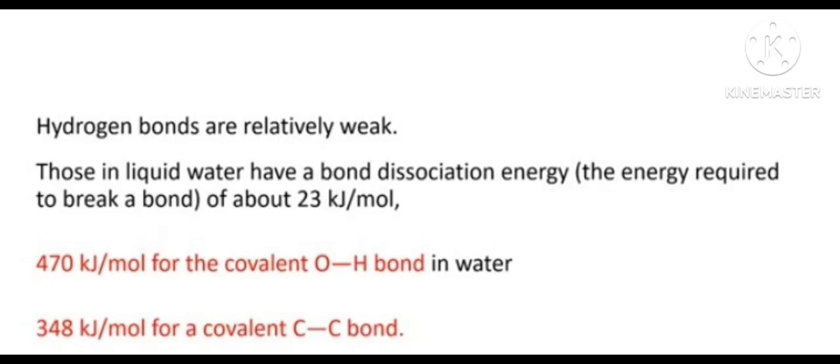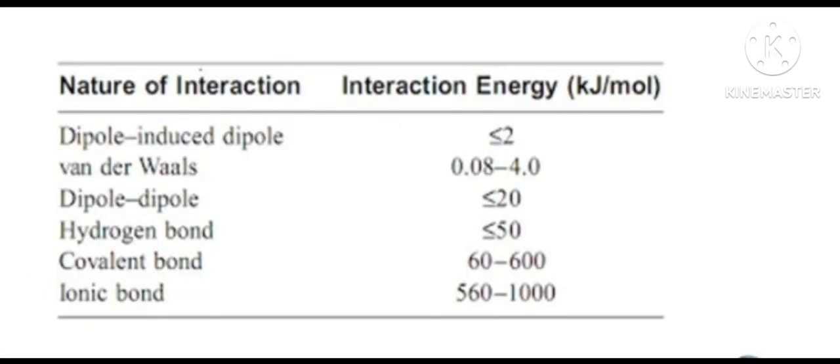Now next slide: nature of the interactions and interaction energy in kJ per mole. First, dipole-induced dipole and van der Waals are very weak, dipole-dipole is weak, and the hydrogen bond is moderate. The covalent bond is strong, and the ionic bond is the strongest. In summary, the weakest force between molecules is van der Waals, the strongest is the ionic bond, and the hydrogen bond is in the middle.